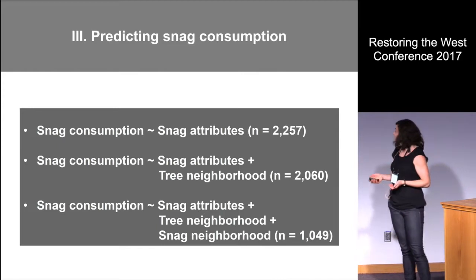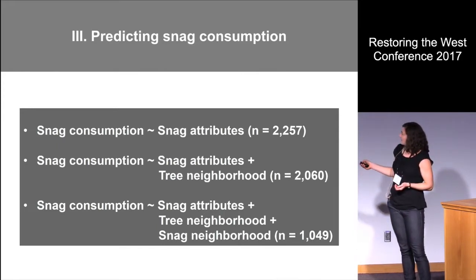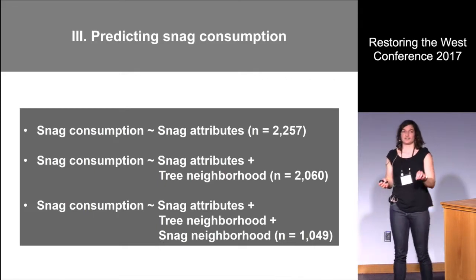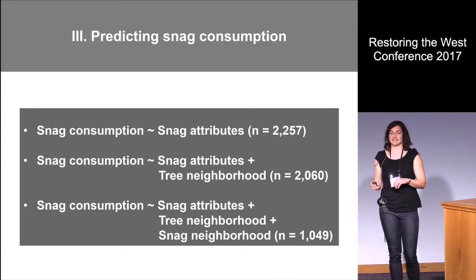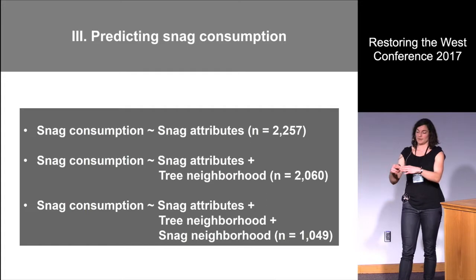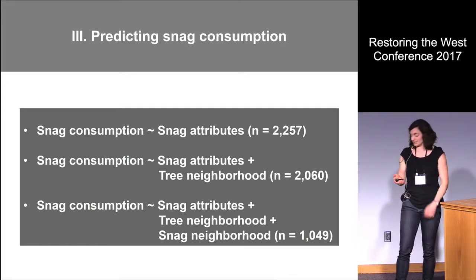that 3-meter radius. And you'll notice that the n values change for each of these models, and that's because in order to calculate tree mortality and tree consumption rates, I needed to have either one live tree or one snag in the neighborhood of the snags that could be included in that model.